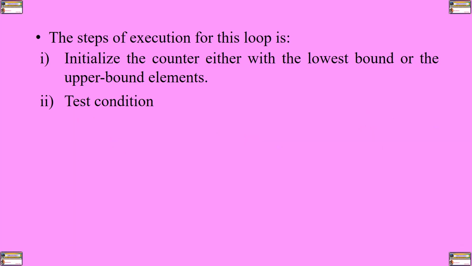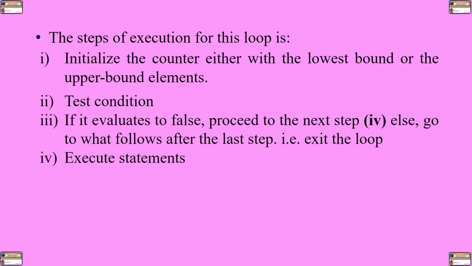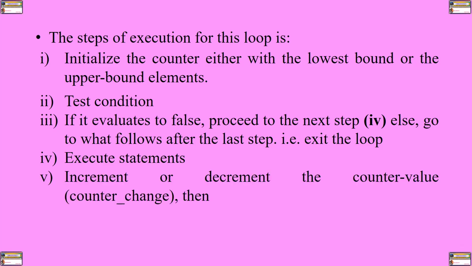So what is in step 4? In step 4, we execute the statements in the loop. Then step 5, the next action to be done, is to ensure that before you check the condition again, you have incremented or decremented the counter value, what we call the counter change.